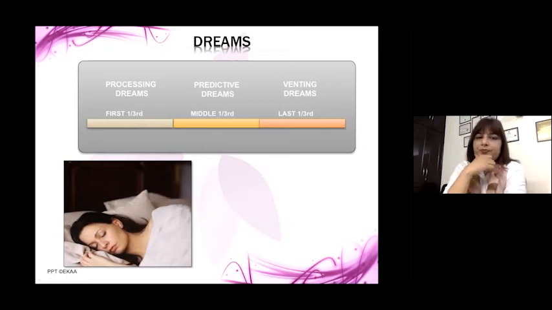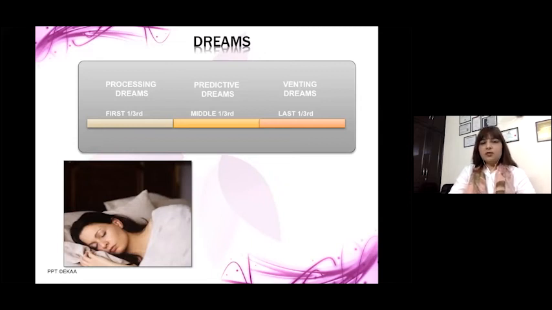And when you go to sleep, the first third part, that means first 2 hours of your sleep, if you get dreams during that part, these dreams are called processing dreams. Processing dreams, that means whatever you have done throughout the day, those things are being processed by your mind, because your mind has to process certain experiences so that they can be effectively stored in your subconscious, right?